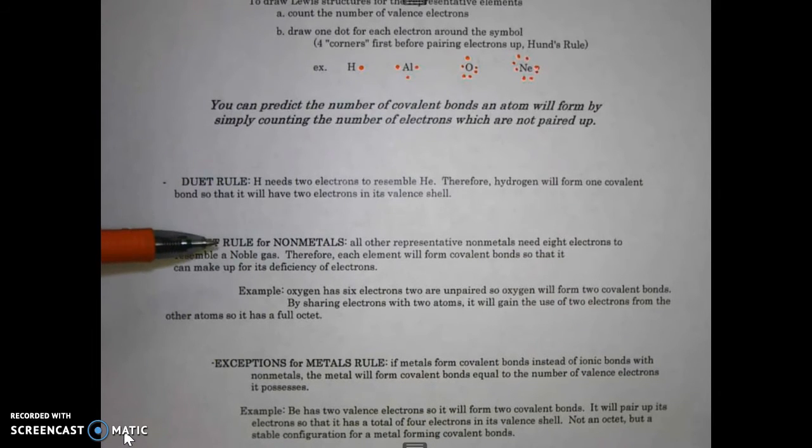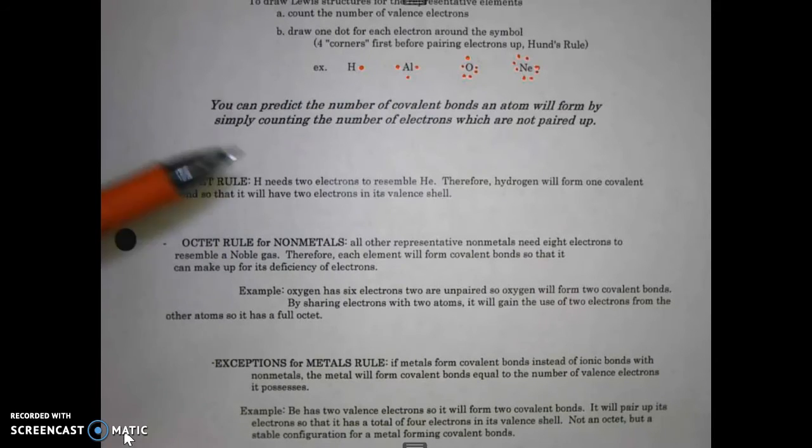Well, the first principal energy level is only allowed 2 electrons, so duet, 2. So that's why hydrogen only needs a duet. The octet rule applies to all your nonmetals. They are trying to get a noble gas configuration, and so they will try and get 8 electrons, sharing them if they need to between other atoms.